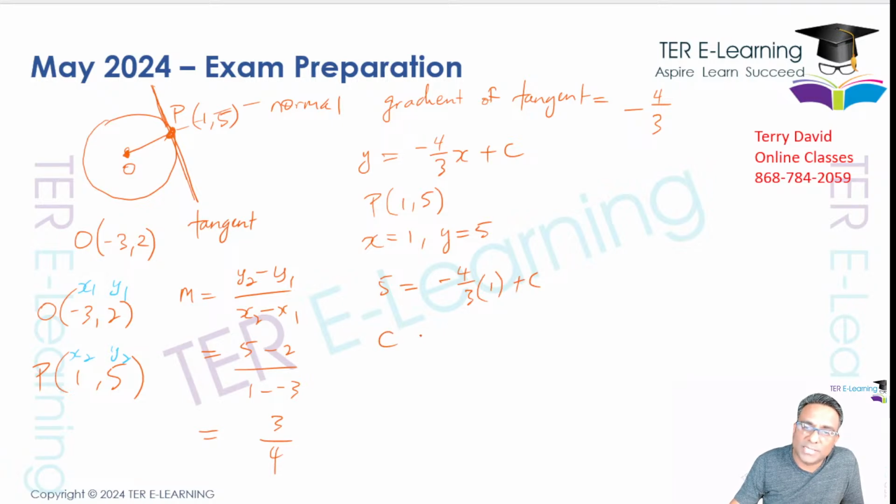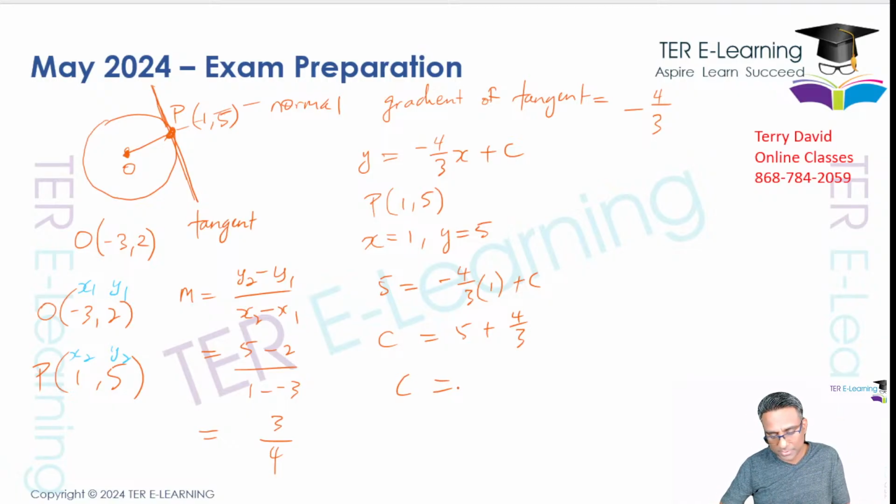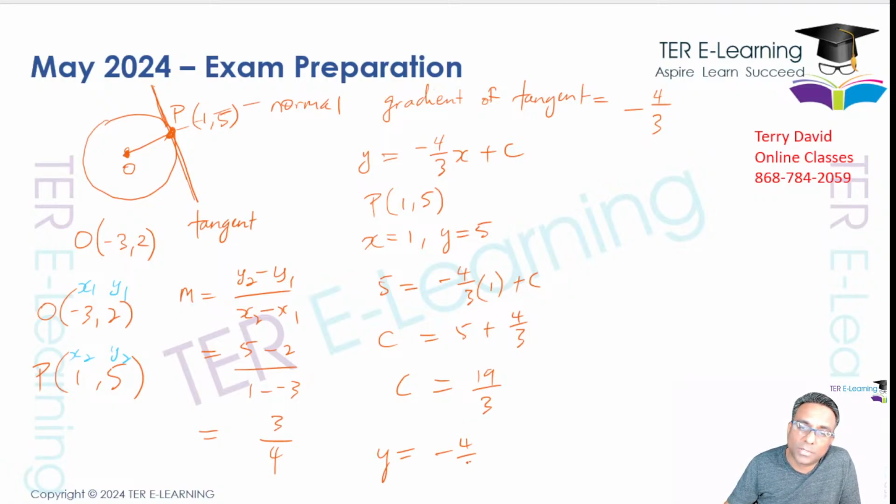Therefore, c is equal to 5 plus 4/3, which is 19/3. So therefore, the equation of the tangent is y = -4/3 x + 19/3.